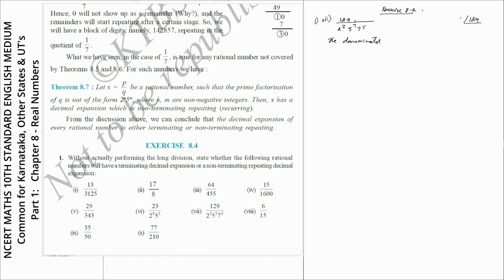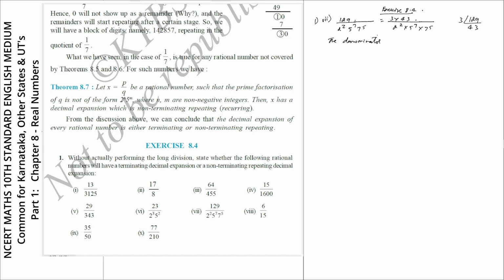So 129 is divisible by 3. 3 4s are 12, 3 3s are 9. 43 is a prime number. So this is 3 into 43 by 2 power of 2 into 5 power of 7 into 7 power of 5. So there is no common factor which I can cancel.